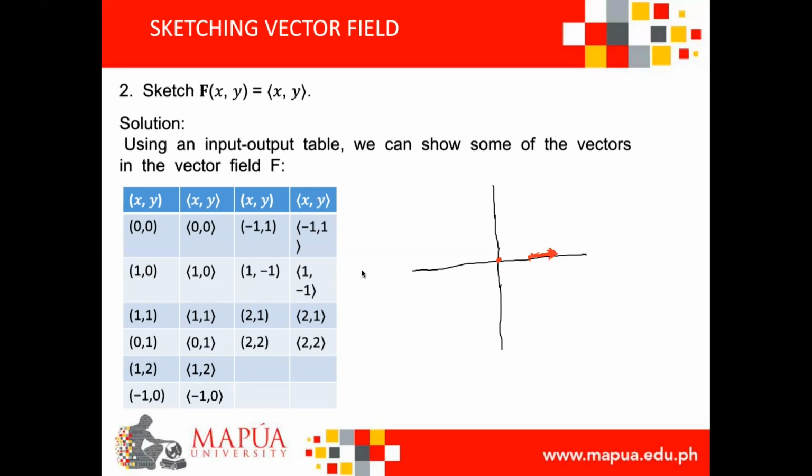Then you have 1, 1. We have here 1 for x, 1 for y. Then we also have here 1, 1. So we measure 1 unit to the right and 1 unit upward. This will be the terminal point and this will be the initial point. So let's connect now these 2 points.